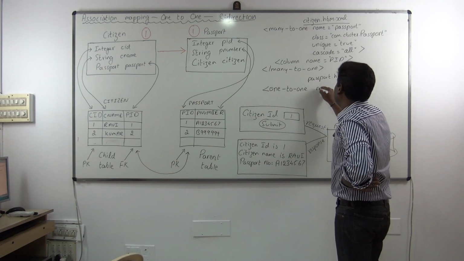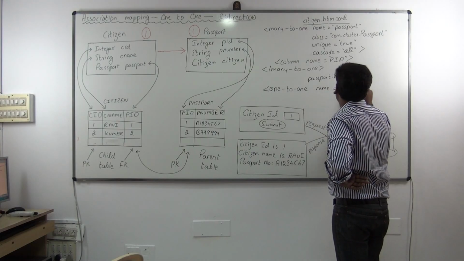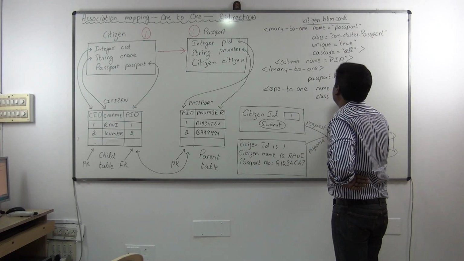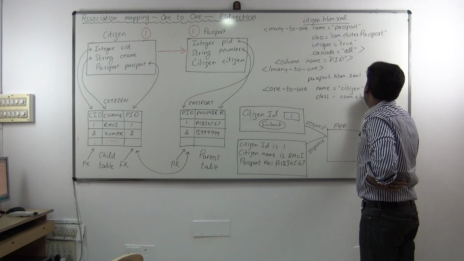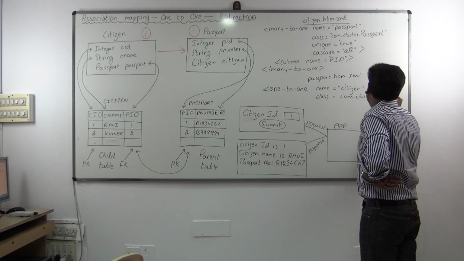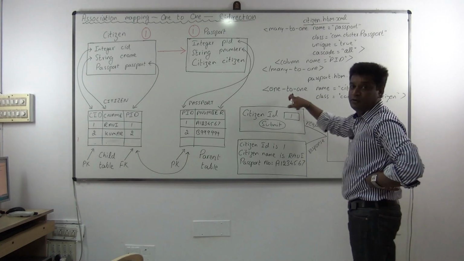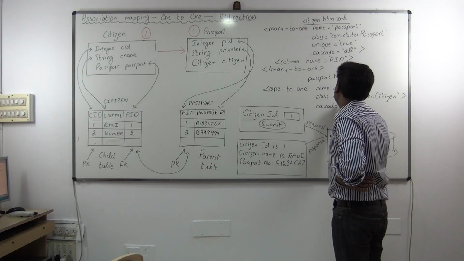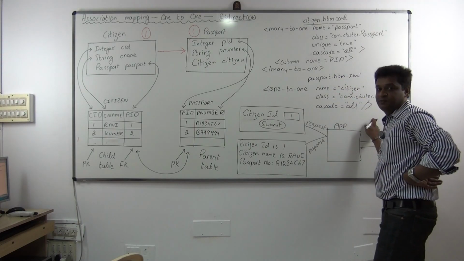And name is equal to citizen. Class is equal to com.cluster.citizen. So these are the attributes of the one-to-one tag. And cascade is equal to all. What cascading effect you want for which operation is specified.